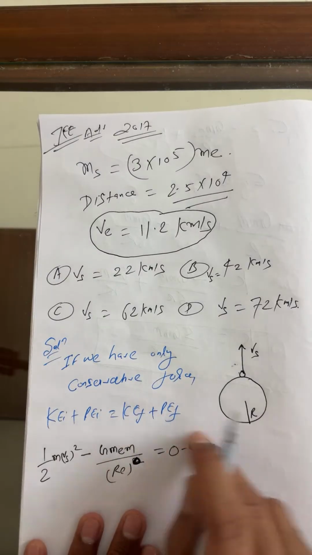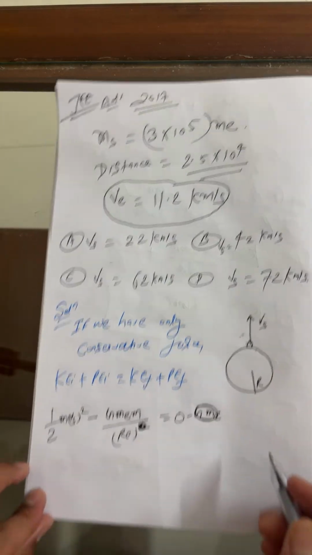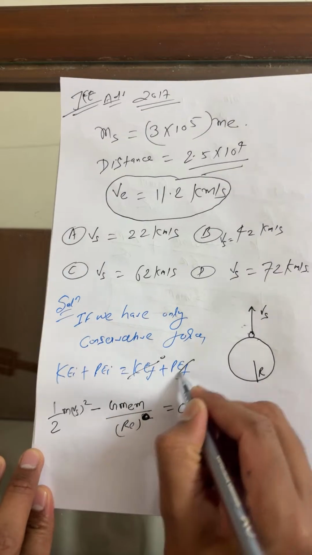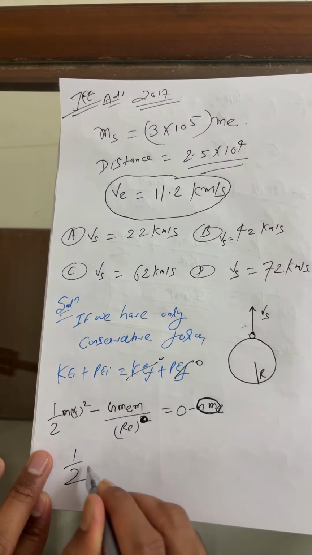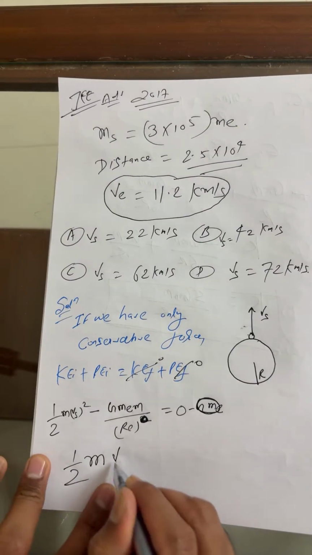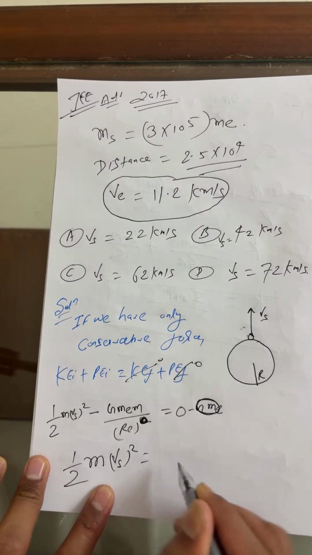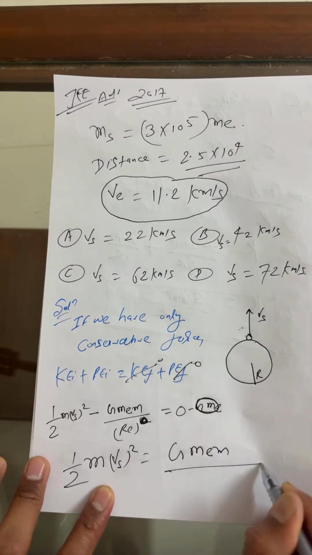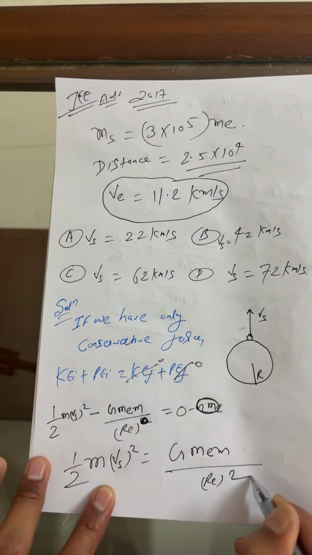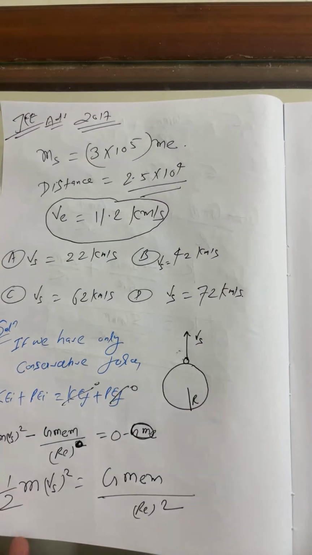So for that case, these two are zero, zero. These two are zero, zero here. Means kinetic energy also zero, potential energy final also zero. So you can write simply with half m into beta v_s whole square. This is G into M_e into m upon R_e whole square, right?